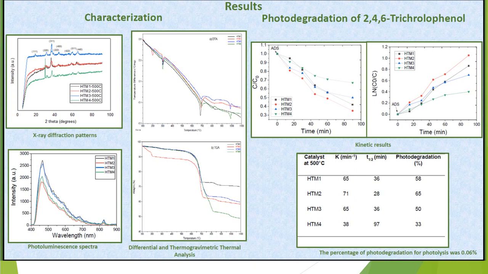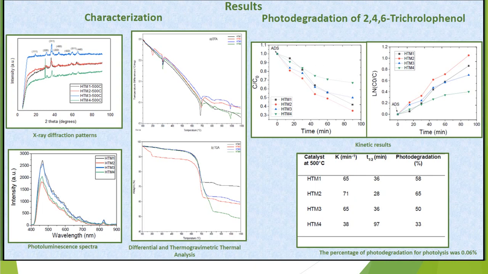The second weight loss occurs between 600 and 700 Celsius degrees, which for the solid HTM1 contributes a loss of 22%, the HTM2 of 33%, the HTM3 of 34.5%, and the HTM4 of 46.5%, being the one with the greatest loss, totally losing 50% of its mass up to 1100 Celsius degrees.